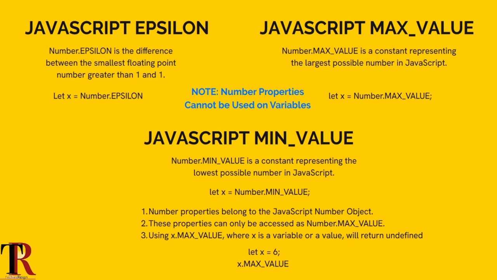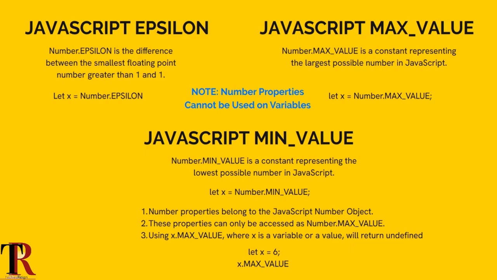You can use epsilon to compare price values. It is also useful when dealing with percentages or measurements, and when working with float calculations like the example I just gave, which I am going to show in the code editor so that we'll see what I mean.